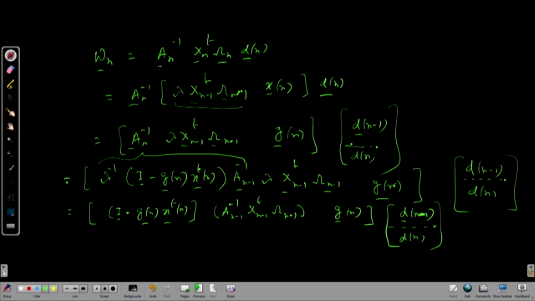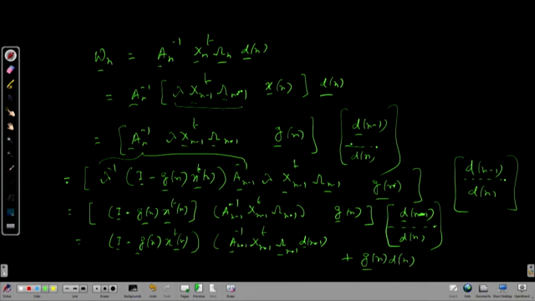So, this matrix times d n minus 1 plus g n into d n. Okay, that means I minus, into this matrix times d n minus 1. So, I can put this much plus g n d n, g n into, there is a column vector, that into scalar d n.